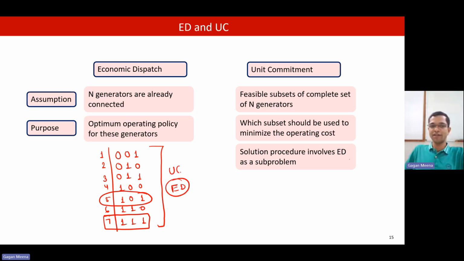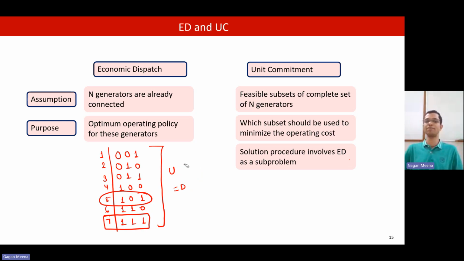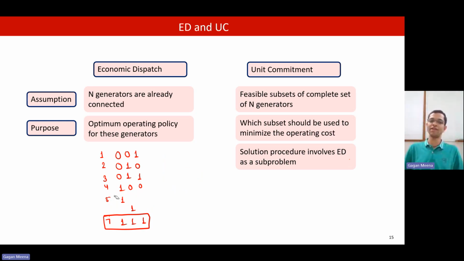So for unit commitment, I will do 7 economic dispatches, and out of these 7, the one having the least cost, the minimum dispatch cost, will be the solution of unit commitment. Thus, UC involves ED as a subproblem. We will solve 7 economic dispatch problems for 1 unit commitment.